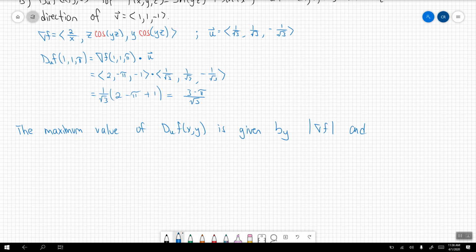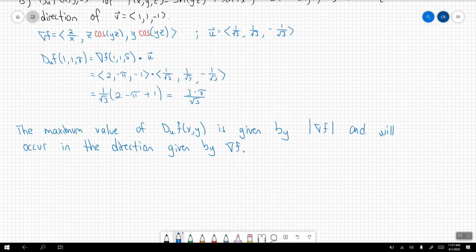Now, what direction does this occur in? In other words, at one specific point on this surface, we want to figure out what direction we need to go to either increase the fastest or decrease the fastest, and that will occur in the direction given by the gradient of f.